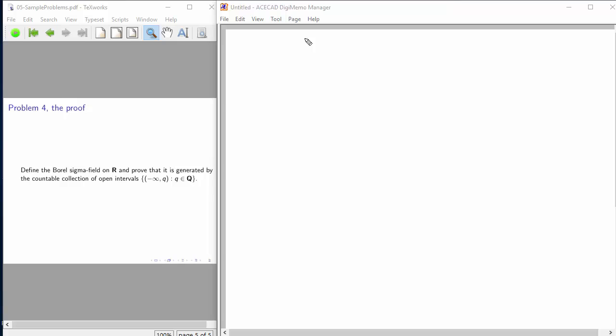So what I have to do is to define the Borel sigma field, which is the smallest sigma field that includes all open intervals of the form a to b, where a and b are real numbers.